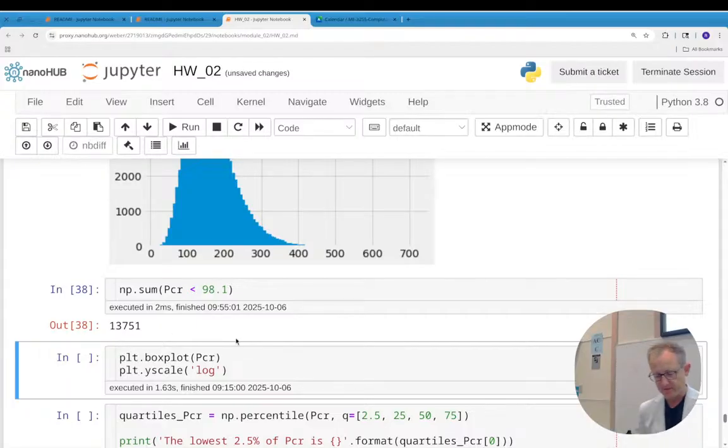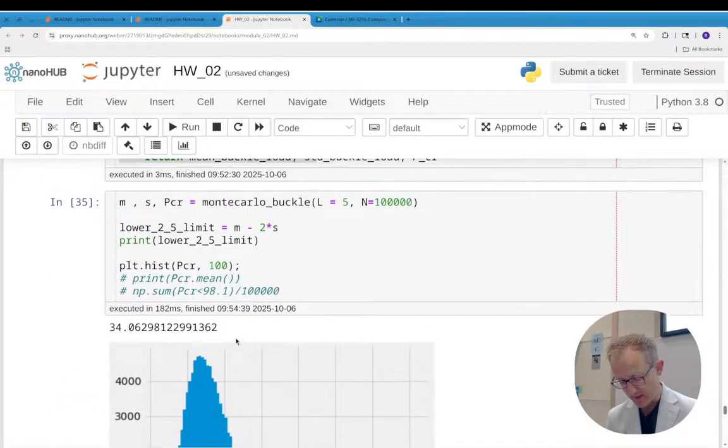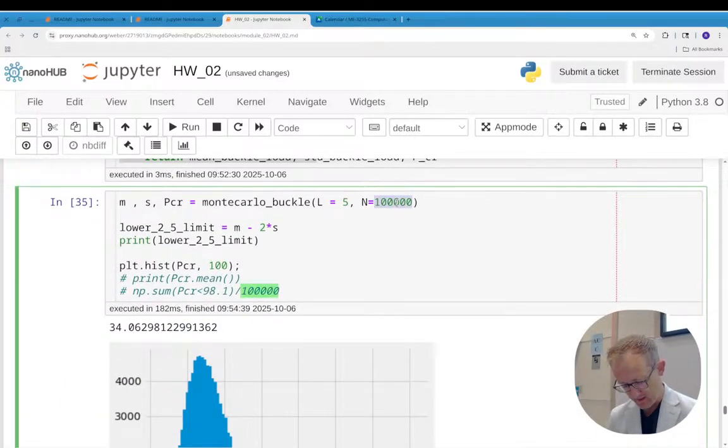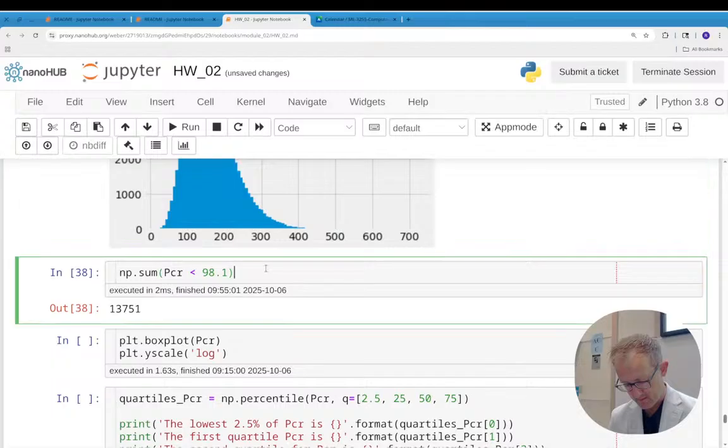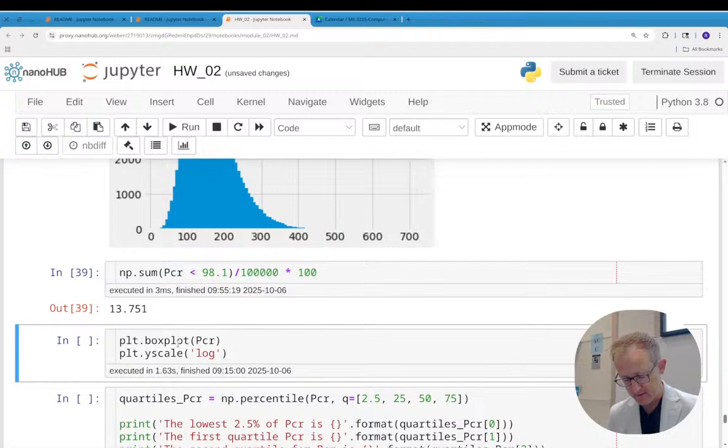I get 13,751. Sounds like a lot, but we got to divide by this n. And then let's multiply by 100 so we can look at percent. So that was 13.8% failed. That's too many because I only want 2.5%.